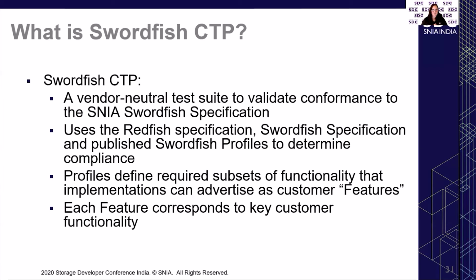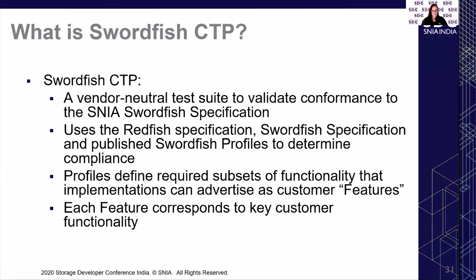All right. I also mentioned we would talk about what Swordfish CTP is and give an overview of where this is. For those that are familiar with the SNIA Conformance Test Program, you'll see a lot of similarities to how this program is structured. Swordfish CTP is a vendor-neutral test suite to validate conformance to the SNIA Swordfish specification.